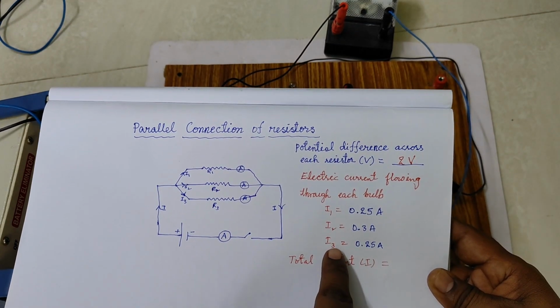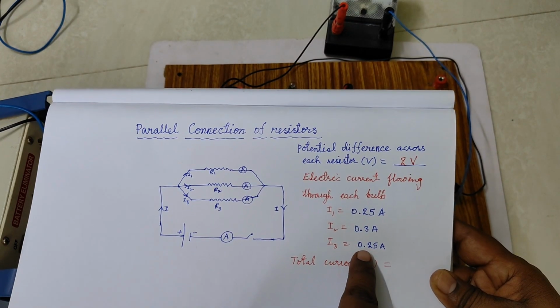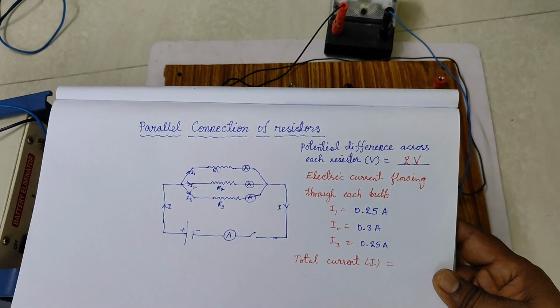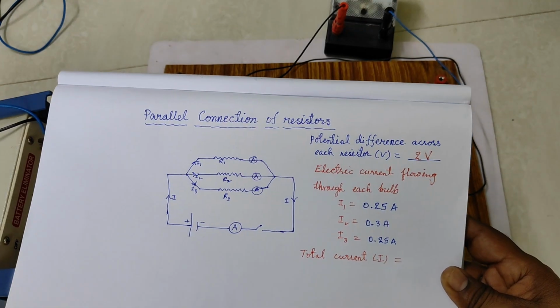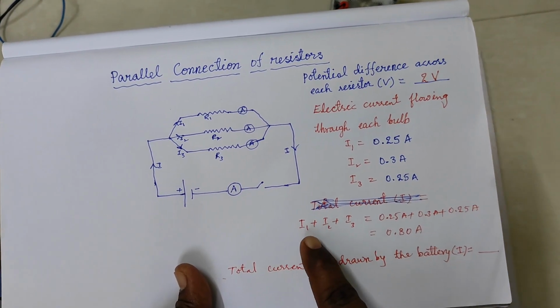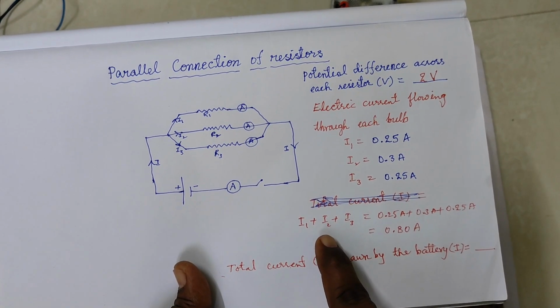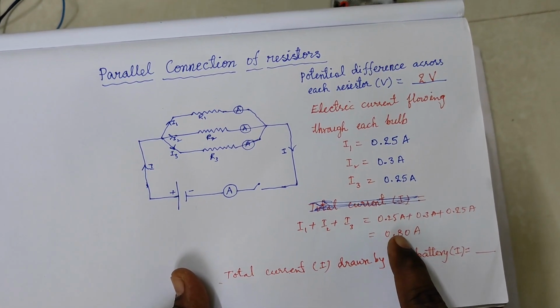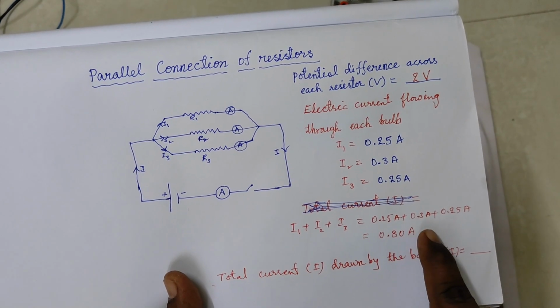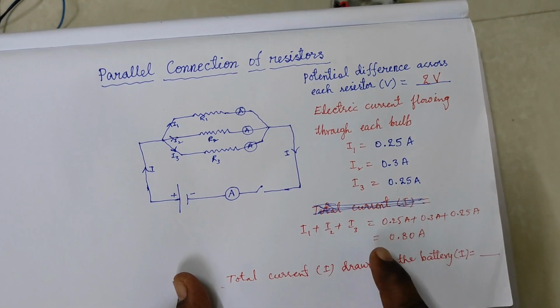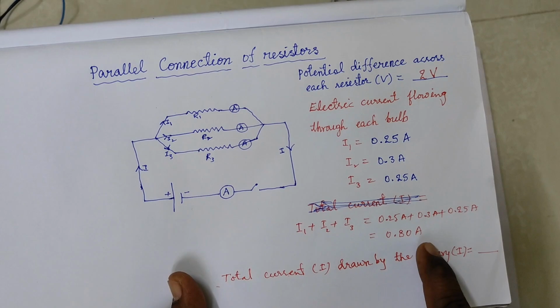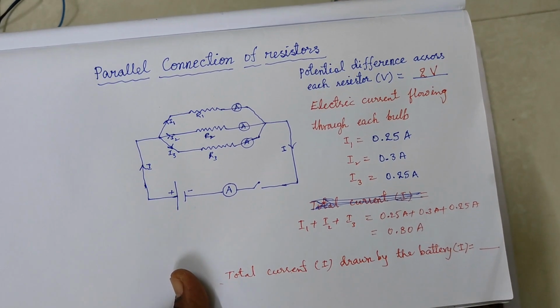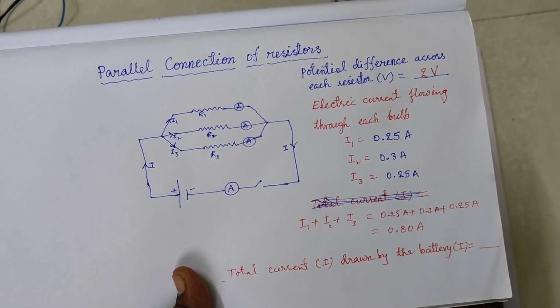Through the first bulb, current is 0.25 amperes. Through the second bulb, the current value is 0.3 amperes. Through the third resistor, the current value is 0.25 amperes. Here, the sum of individual currents drawn by each bulb is I1 plus I2 plus I3. So 0.25 amperes plus 0.3 plus 0.25, so total 0.80 amperes.